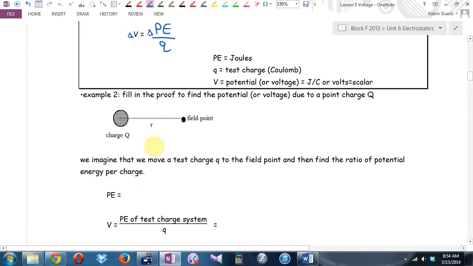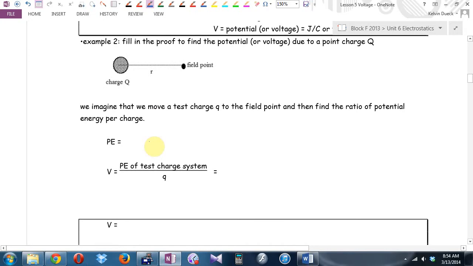Example 2. Fill in the proof to find the potential or voltage equation for a point charge Q. Okay. We imagine that we move a test charge q to the field point, and then we find the ratio potential energy per charge.